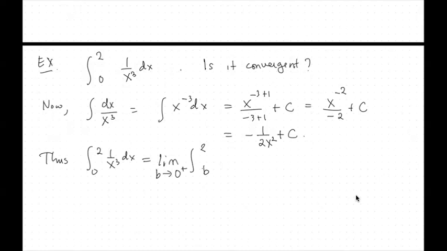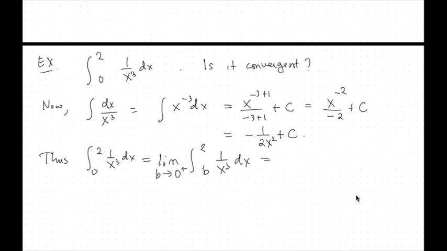Why 0 plus? Because the discontinuity is in the lower limit of integration. It's 0 plus here. Let me write everything again.